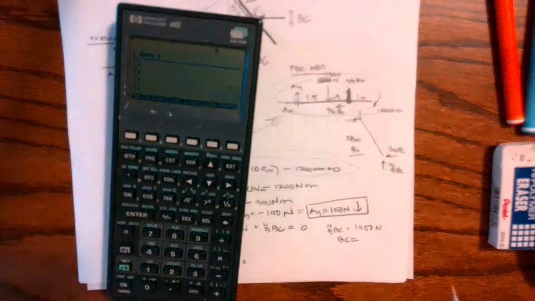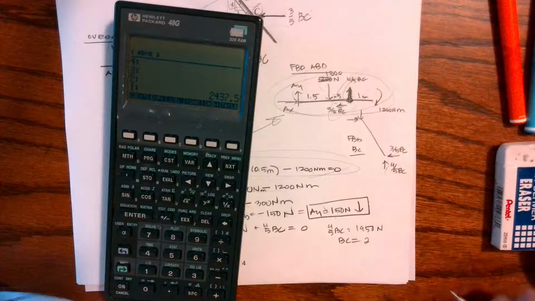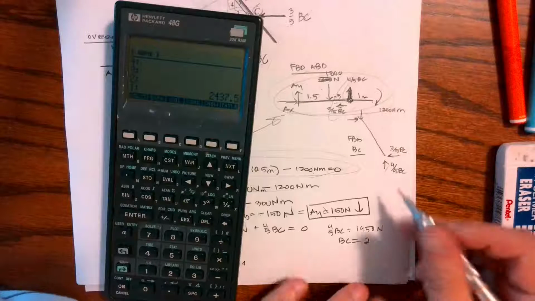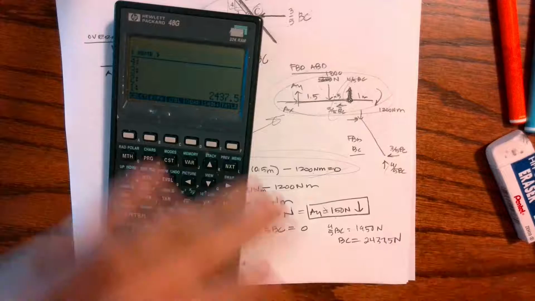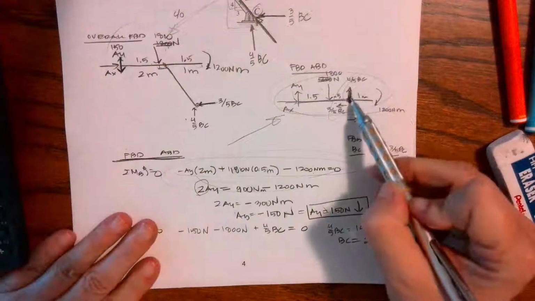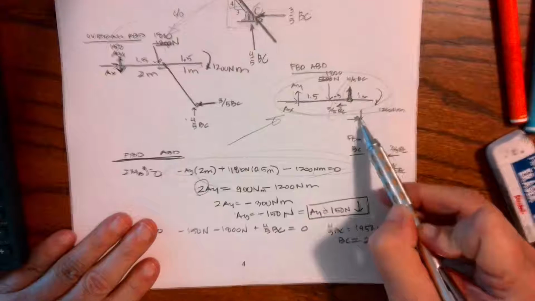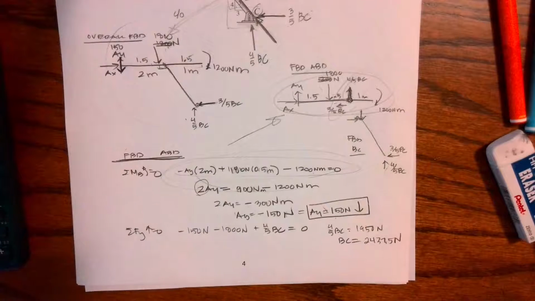So BC equals 1950 times 5 divided by 4, which is 2,437.5 newtons. And it's positive, so when I said it was up here and down here, I made a correct assumption.